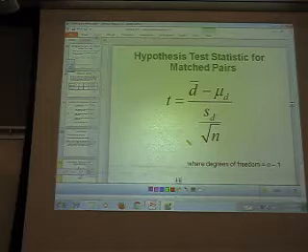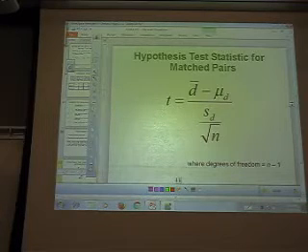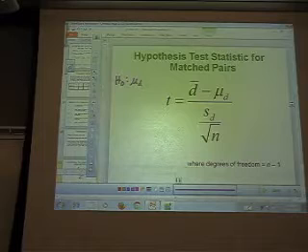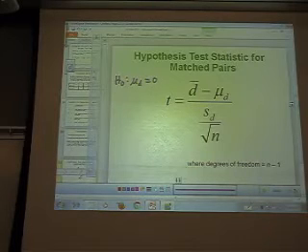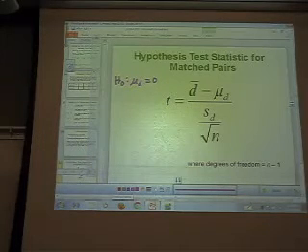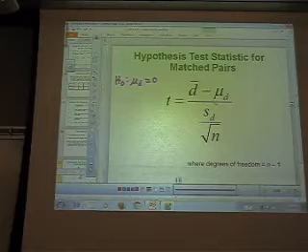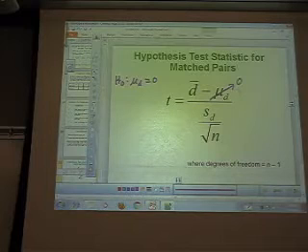The only catch is that H naught is that the differences are equal to 0. In other words, you take the two samples and subtract them, and it's equal to 0, which means this term is going to be 0.